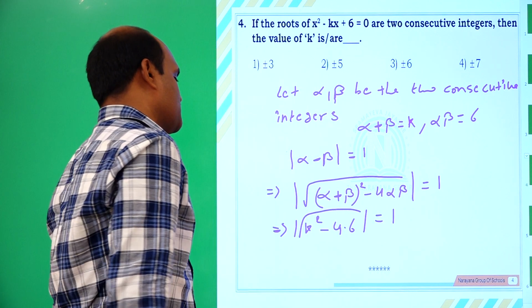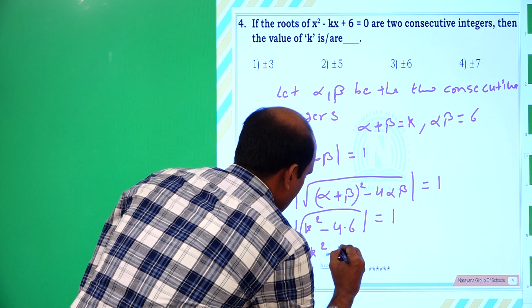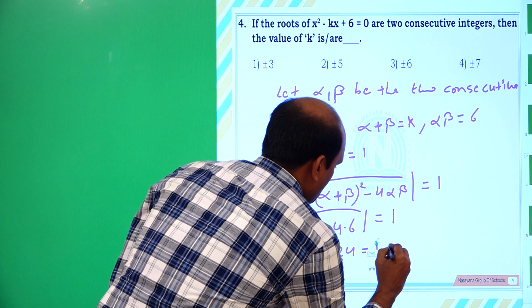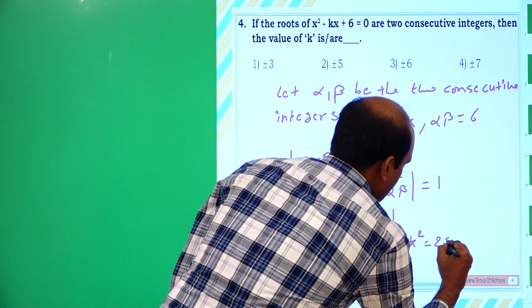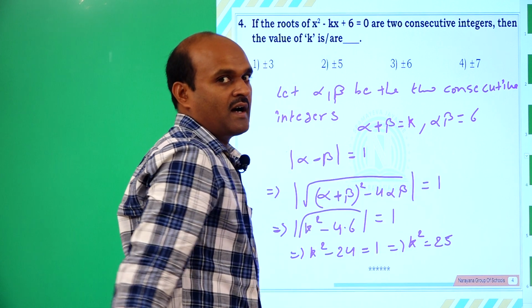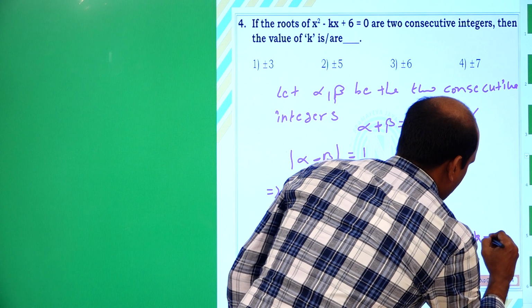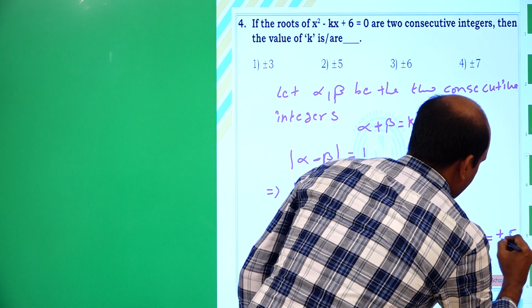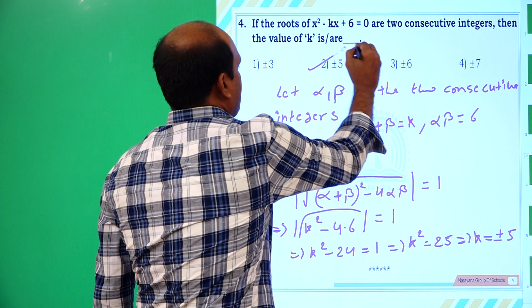Now squaring on both sides, that implies k square minus 24 is equal to 1. That implies k square is equal to 25. This minus transpose to RHS. That implies k is equal to plus or minus 5. So the value of k is plus or minus 5.